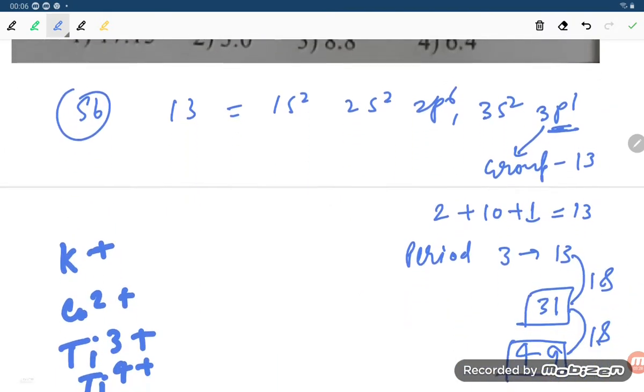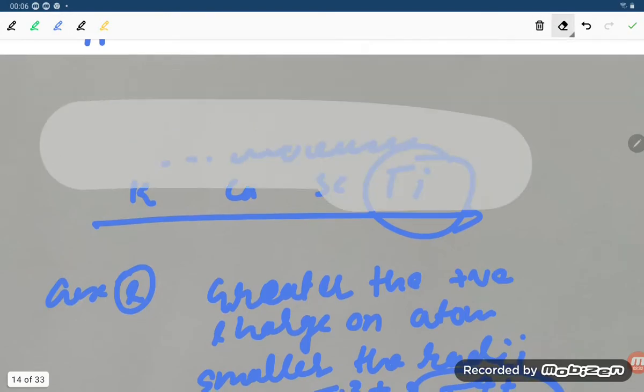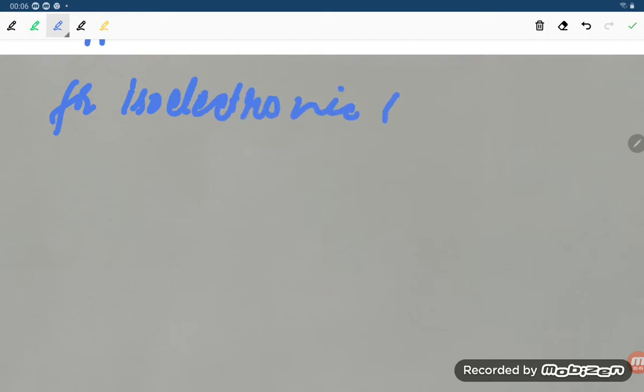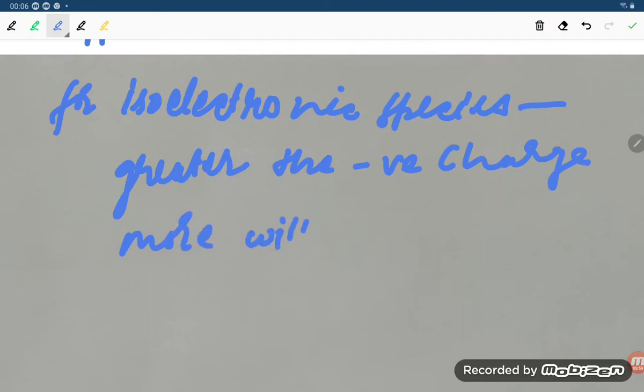Let me write it somewhere, student, so that you will be able to understand. For isoelectronic species, we keep in mind that the greater the negative charge, the more will be the radii.